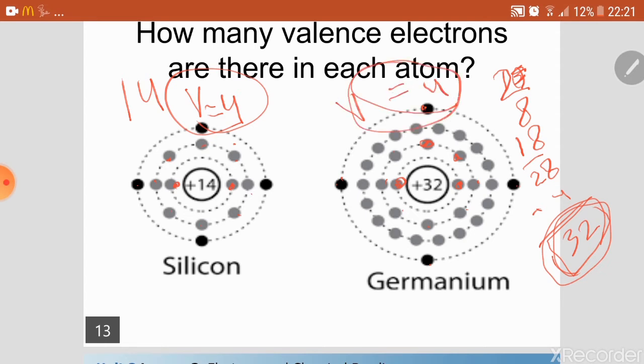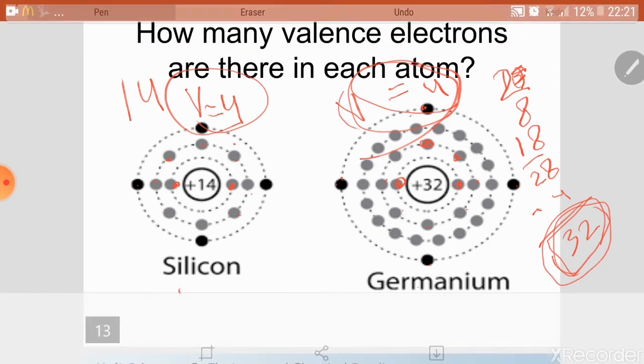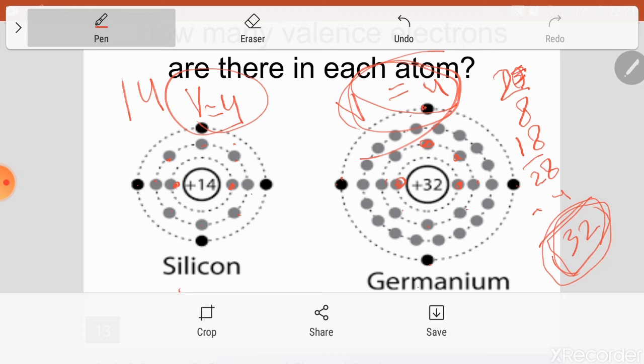You can see that silicon and germanium both have the same valence electrons. Now, why is this number very important for elements? Because it gives us the number of electrons that can participate in chemical reactions.